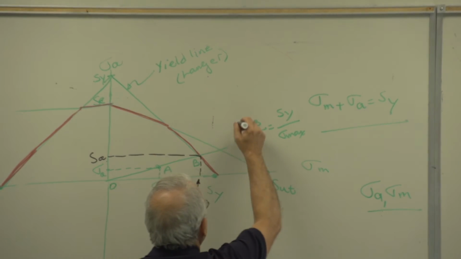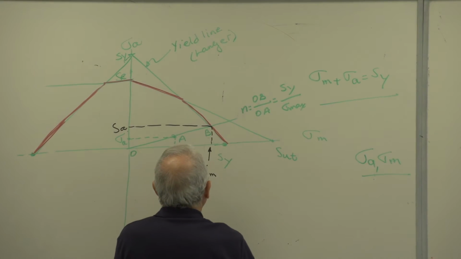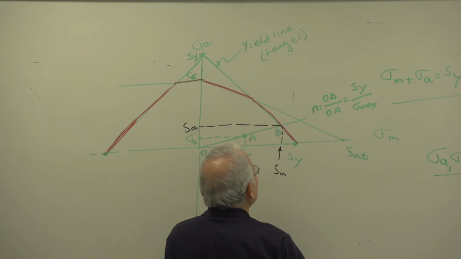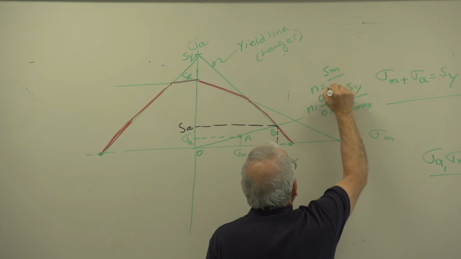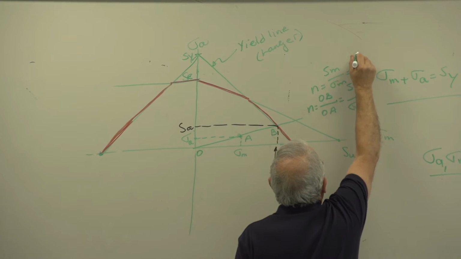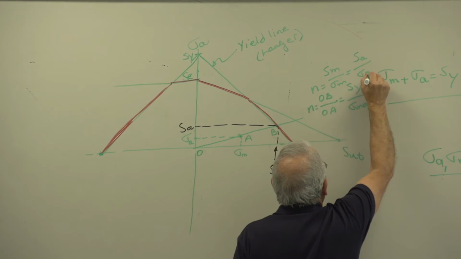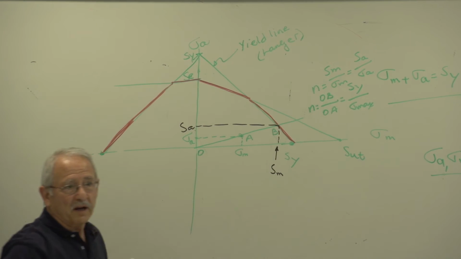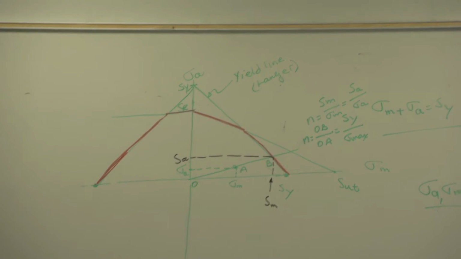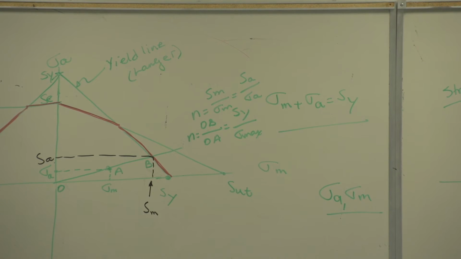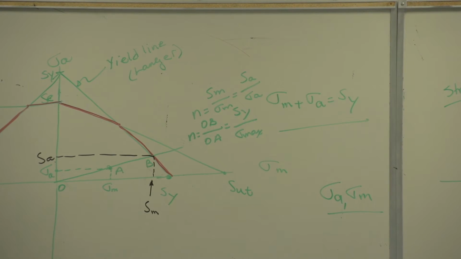So as you can see, this N is also equal to Sm over sigma M, also equal to Sa over sigma A. Any one of those will give you the factor of safety. They're all the same. Any questions?